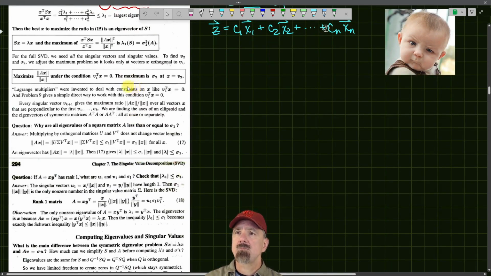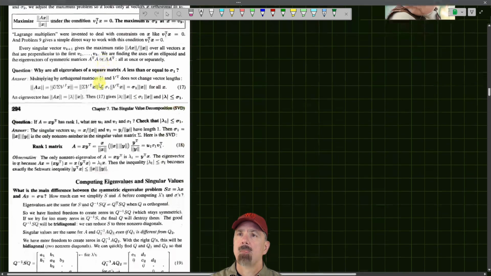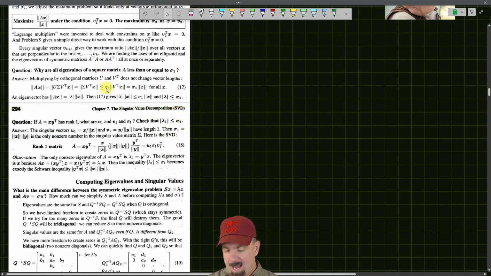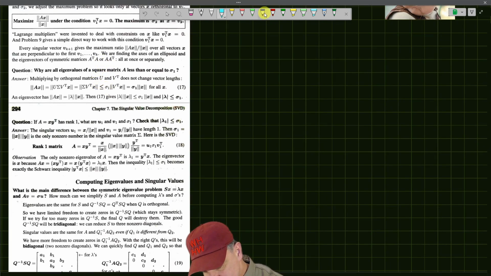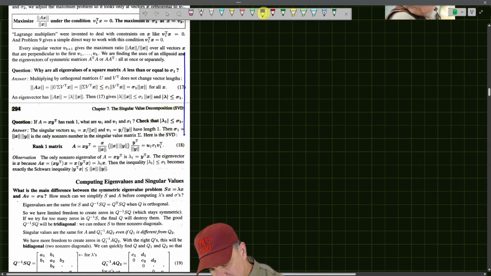More conversation here about how we would continue to find the next right singular vector as we walk through this process. Down below here, we have the conversation of comparing singular values and eigenvalues.